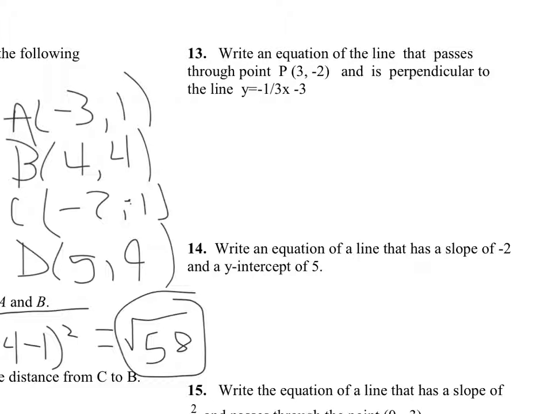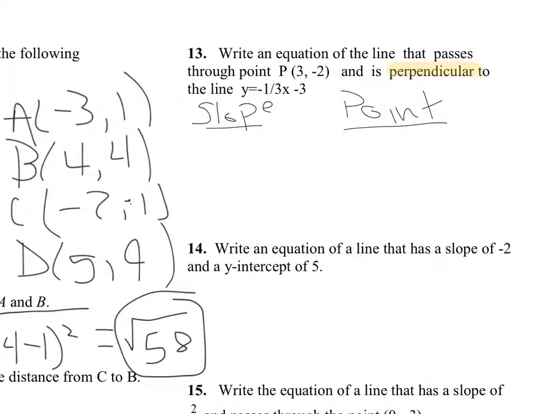13. Write an equation of the line that passes through point P and is perpendicular to the line y equals -1/3 x. So the key here is being perpendicular. Remember, y'all need a slope and a point.